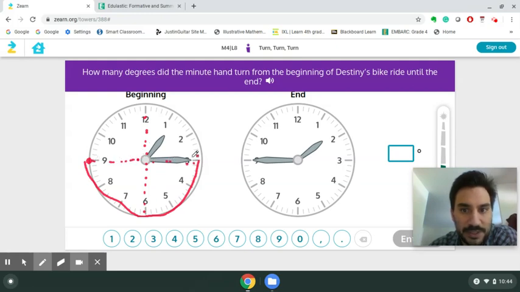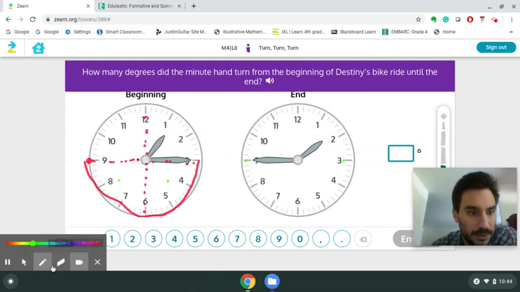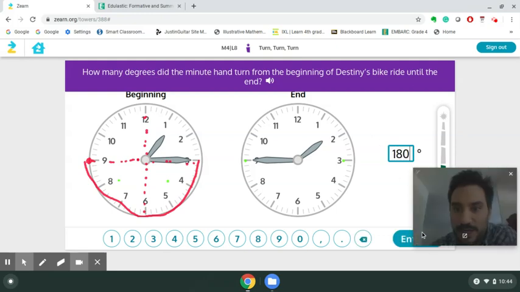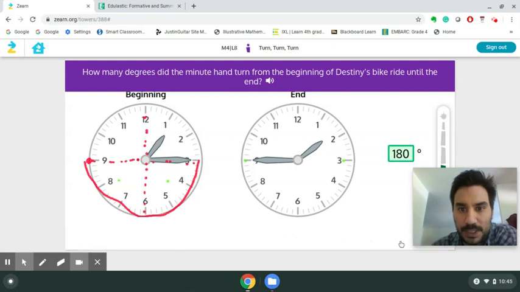How many quarter turns did I make? It looks like I made 2 quarter turns to get from here to here. Our 3 are 15 minutes, 2 are 45 minutes. So 2 quarter turns, 1 quarter turn is 90 degrees, another quarter turn is 90. That's 180 total. Nice job.